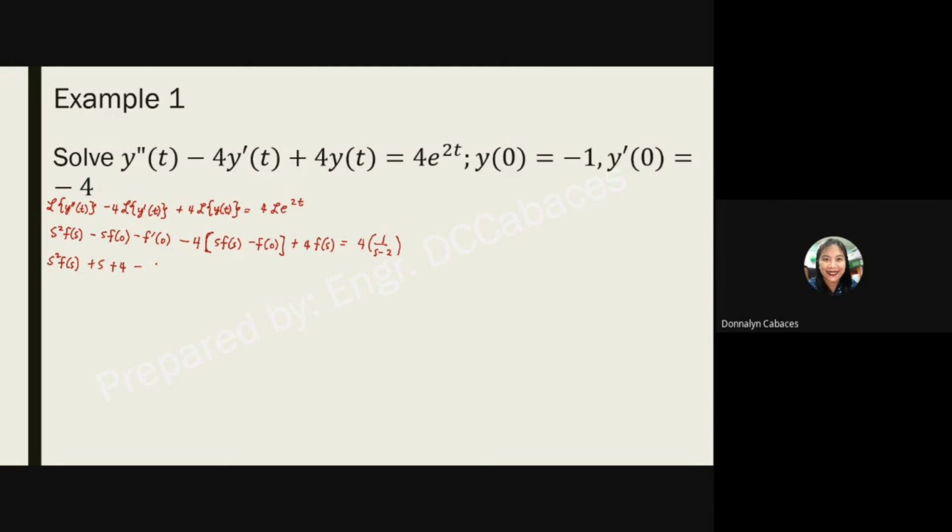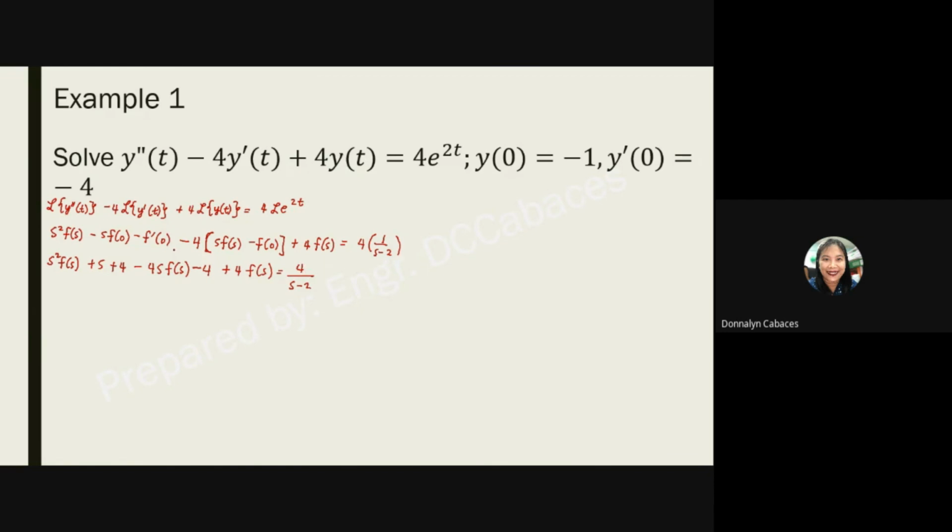Minus 4 s f of s. And then again, f of 0 is negative 1, so negative times negative is positive, times the negative 4, so you have here minus 4. And then plus 4 f of s is equal to 4 over s minus 2.